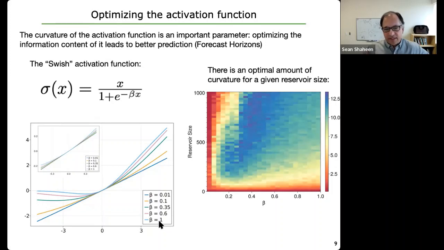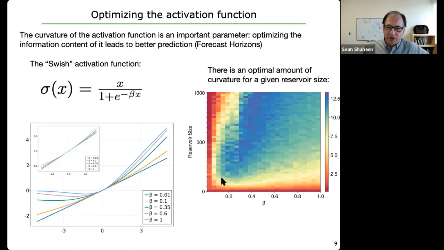So the beta gives us a nice knob to tune the curvature of the activation function. This relates to the information content of that activation function. Clearly, if it's linear, then there's no information, or none that can be applied to the reservoir. And as it gets more complex, and we'll talk about entropy in a second, if there's more entropy built in, then it can potentially perform better.